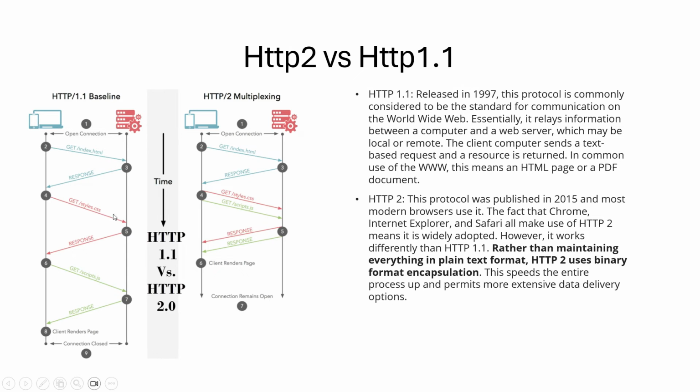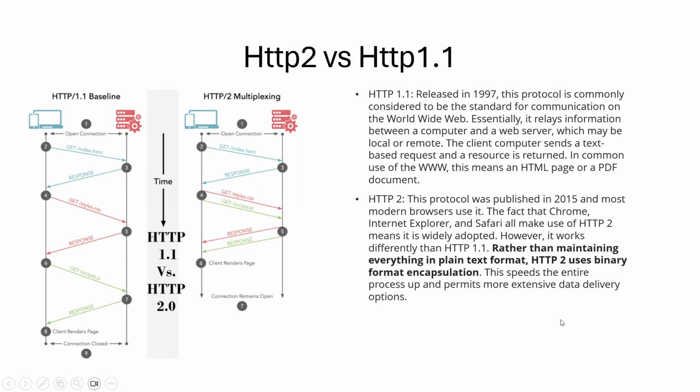And once the connection is opened by making the handshake, it will remain open until the server or the client explicitly closes the connection, right? And you can also request multiple files at the same time, and the server can respond to the client with multiple responses. That makes it much faster than HTTP1, right?